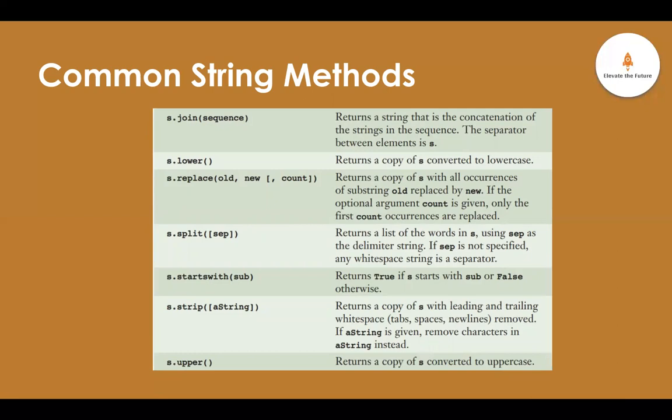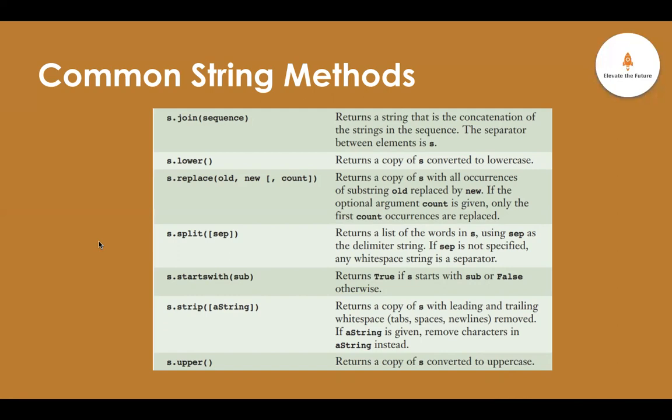Replace returns a copy of S with all occurrences of substring old replaced by new. If the optional argument count is given, only the first count occurrences are replaced. Split returns a list of words in S.